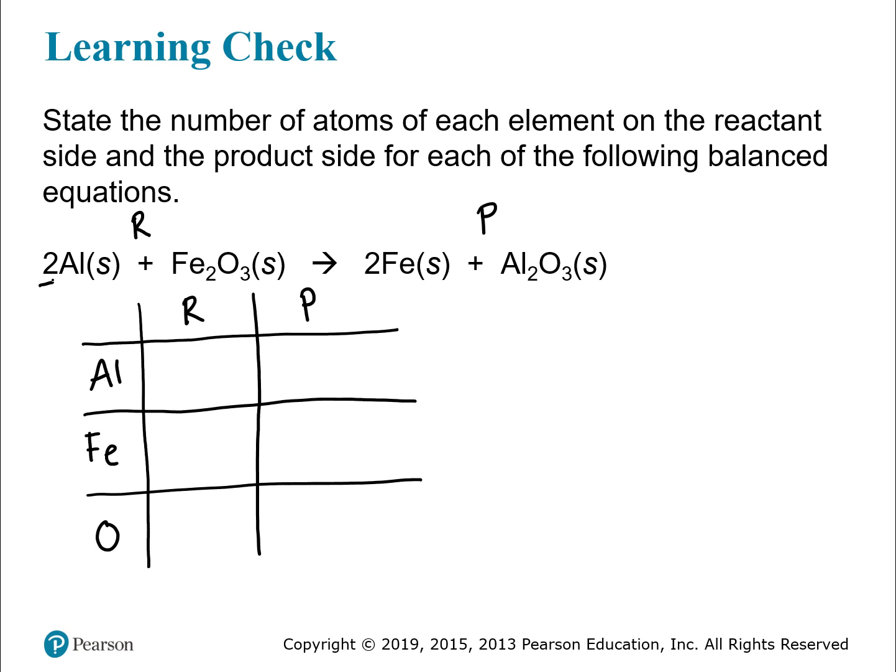There's 2. The 2 out in front means that you've got 2 of whatever that follows. So there's 2 aluminum atoms.